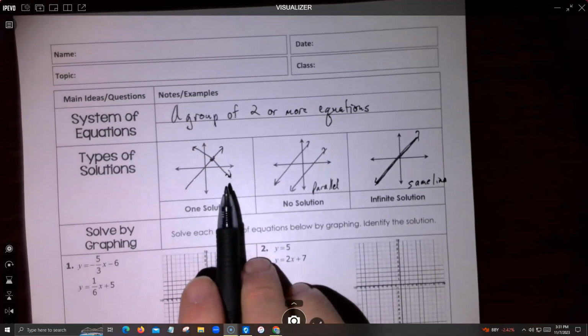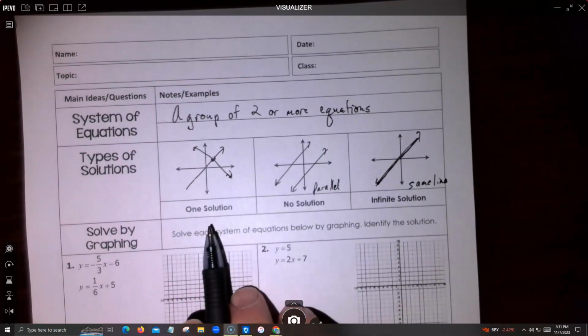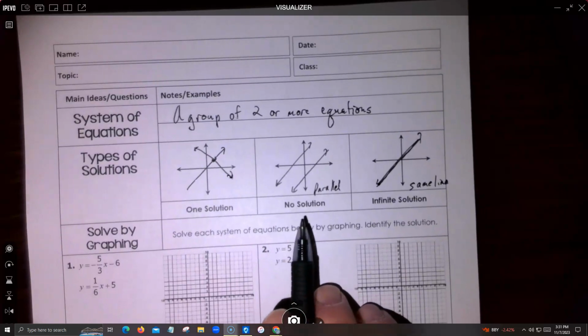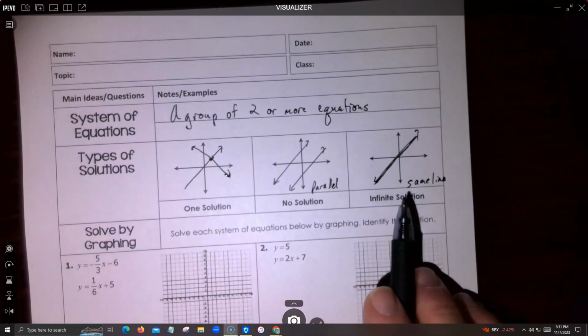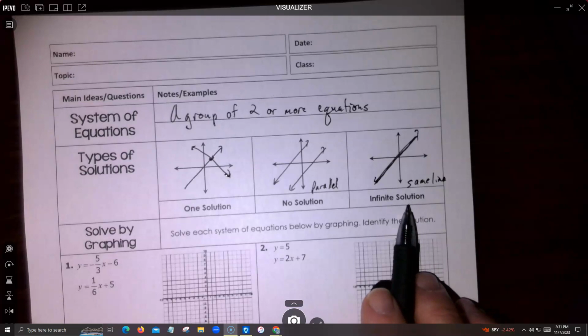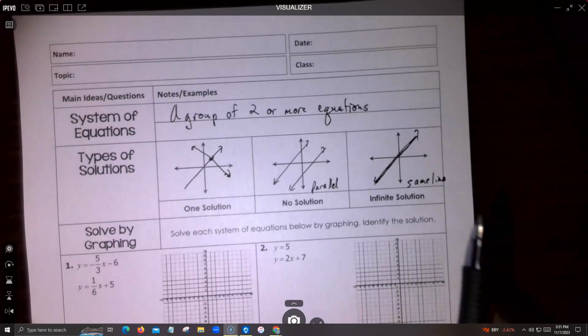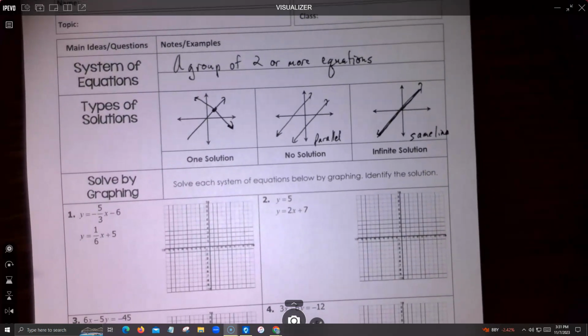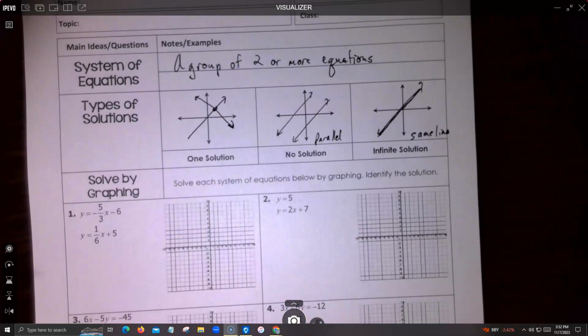So we have intersecting lines, which are one solution. Then we have parallel lines, and then we have infinite solutions when you have the same line. All right, so we're going to graph these 6 equations and see which of the 3 solutions we have.